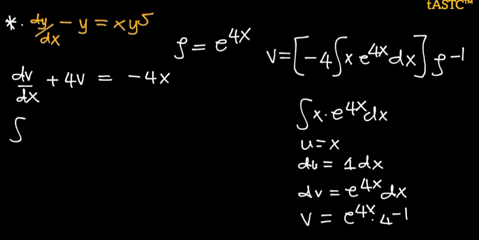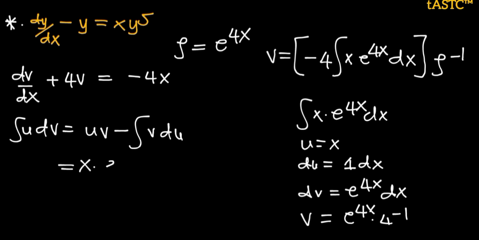So we know that integral u dv, that is the integration by parts, that is uv minus integral v du, right? So u in this case is x, and v is e to the 4x multiplied by 4 to the negative 1, or divided by 4. So this is the same thing, and we have integral v, which is 1 over 4 multiplied by e to the 4x.